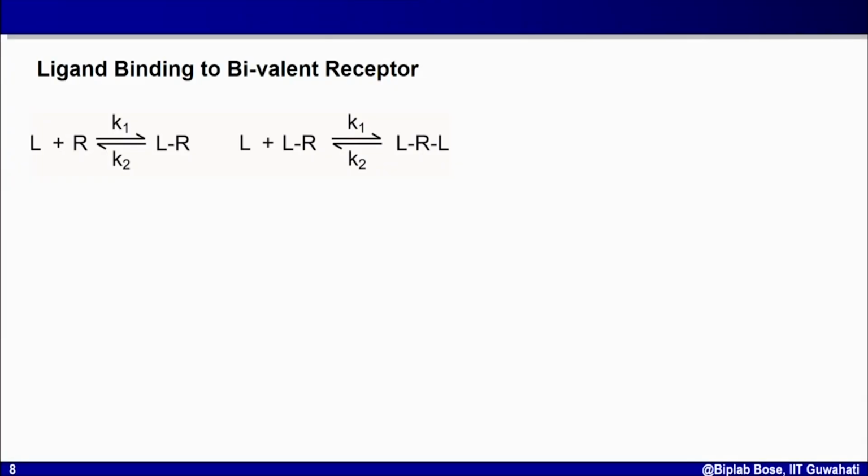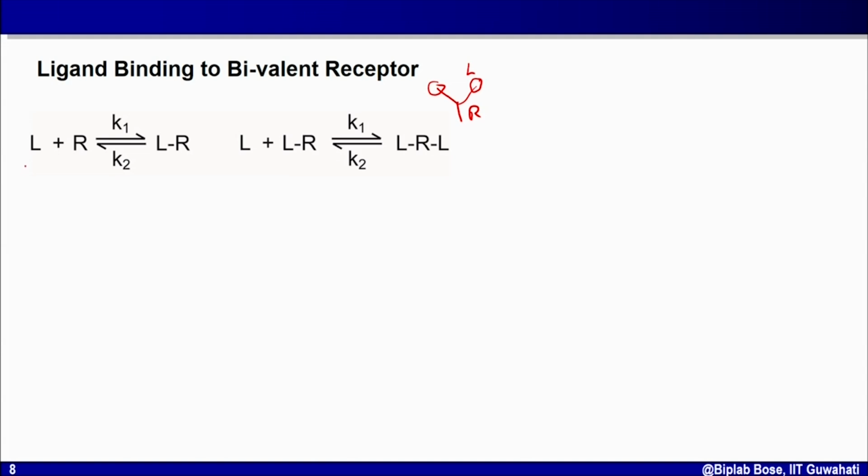Let us look at one example where I have a monovalent ligand, but the receptor is bivalent. One ligand can bind here, another ligand can bind here. These circles are ligands, and the Y-shaped thing is the receptor R. I can break down this whole process into two steps.